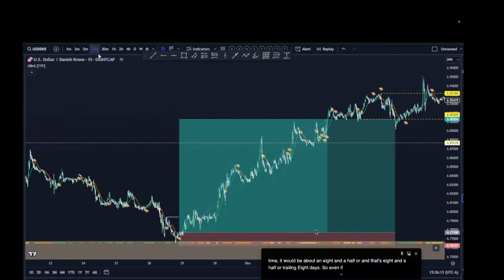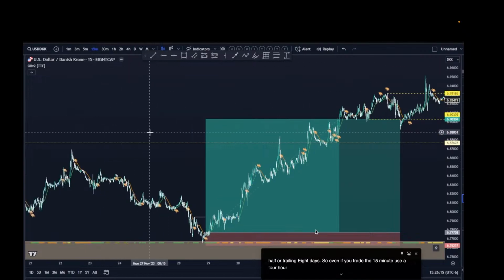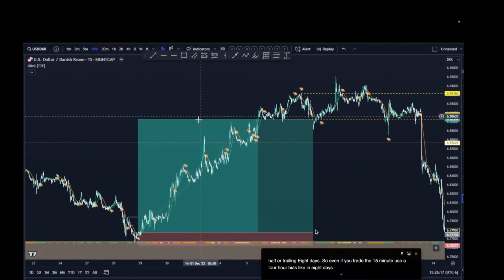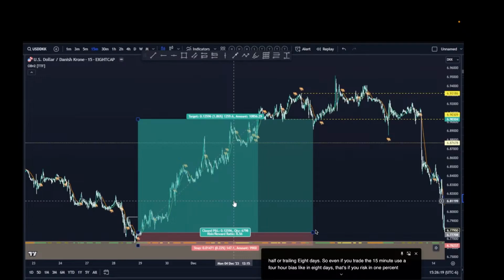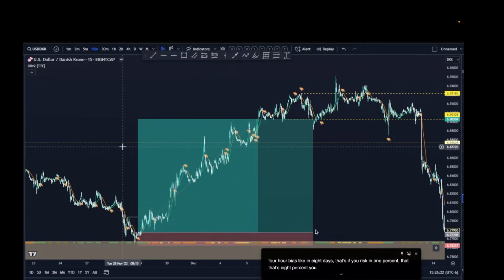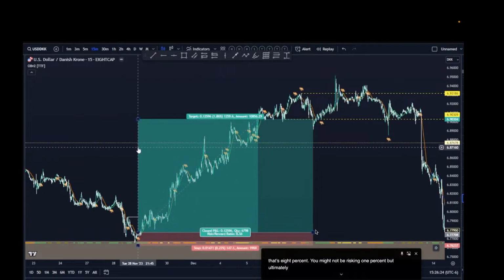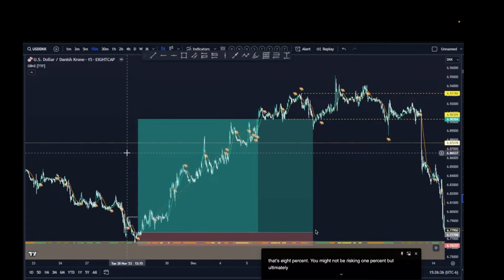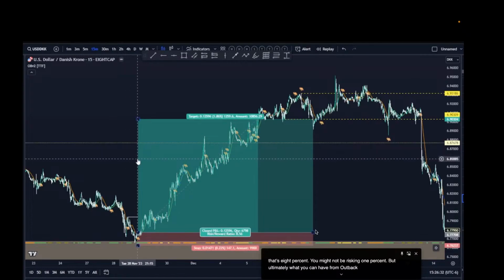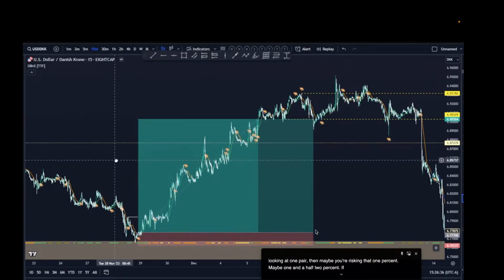So even if you trade the 15-minute and use a 4-hour bias, in 8 days, if you're risking 1%, that's 8%. You might not be risking 1%, but ultimately what you can have from Outback is multiple options, and it comes down to personal preference, right? If you prefer just looking at one pair, then maybe you're risking 1%, maybe 1.5%, 2% if you don't get that many trades.